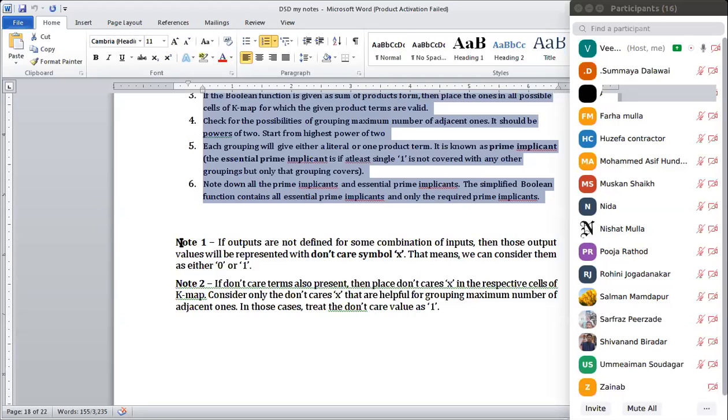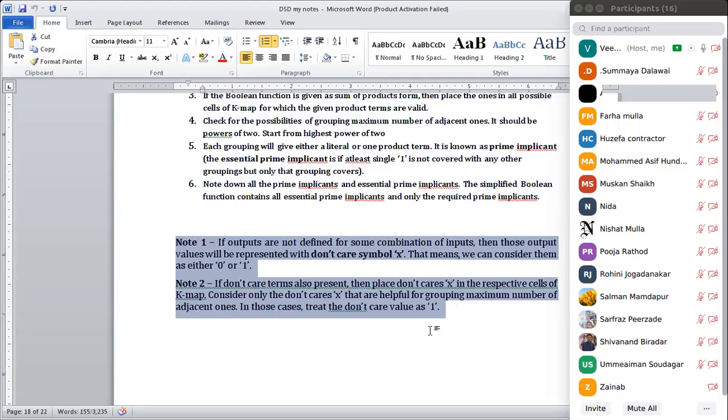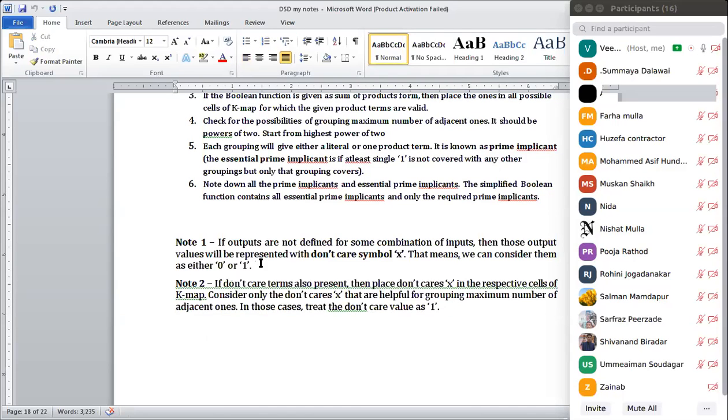There are two notes. Just a simple thing: if outputs are not defined, whether it may be a 0 or it may be a 1, then we have to consider it as a don't care symbol.